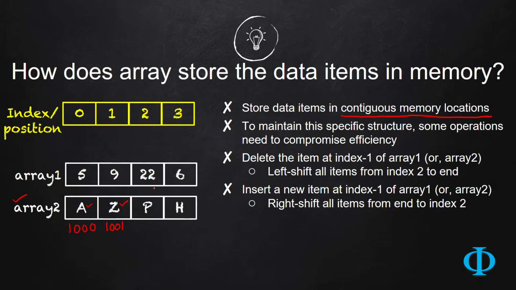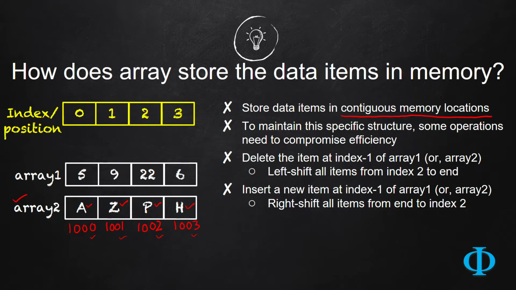The element at index 2, which is P, will occupy the memory location 1002. Similarly, the element at index 3, that is H, will occupy 1003. So all the elements always occupy contiguous memory locations. That's how the array elements are represented in memory.